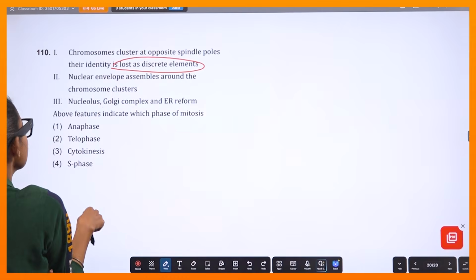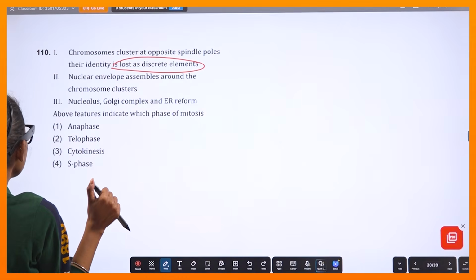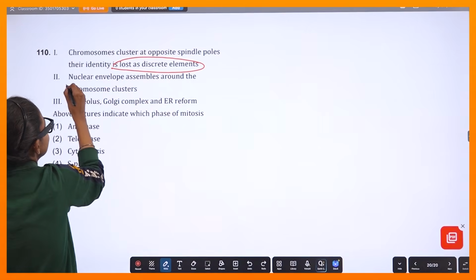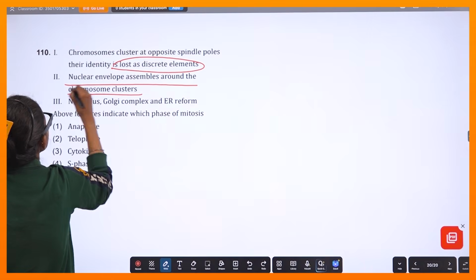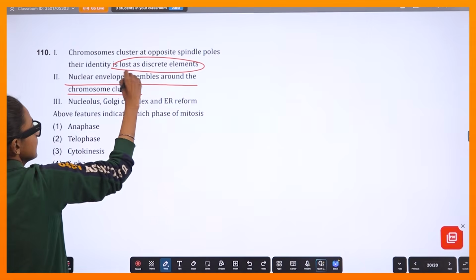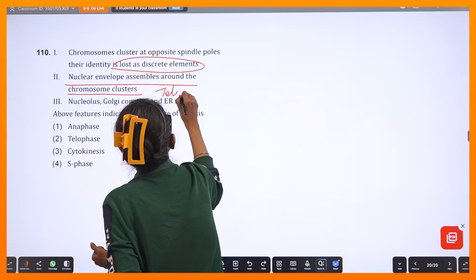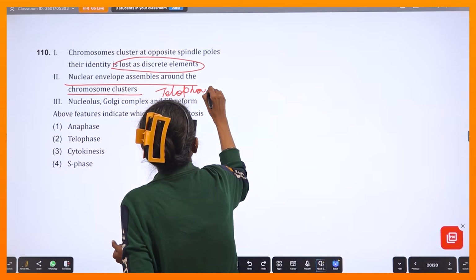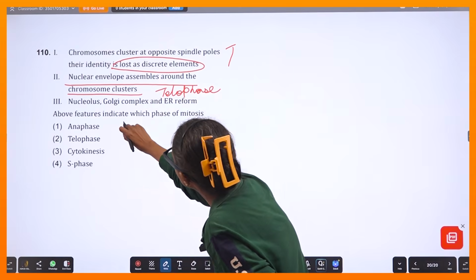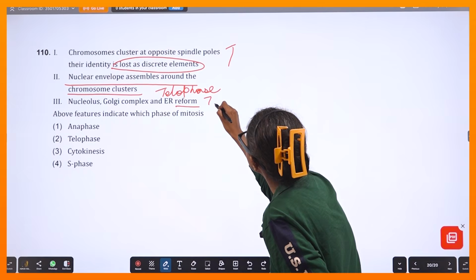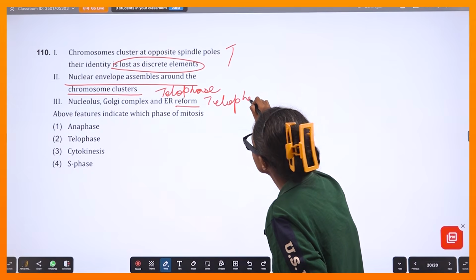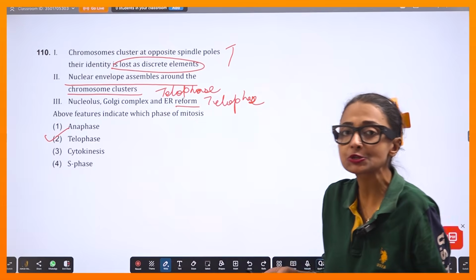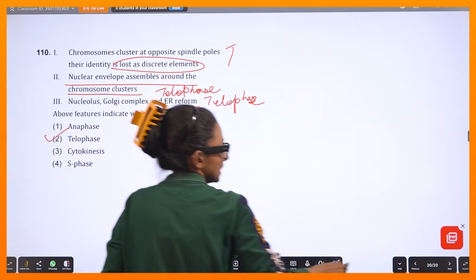Nuclear envelope assembles. That means this is definitely telophase. Nucleolus reforms, telophase. Correct? Everything will begin to reappear.